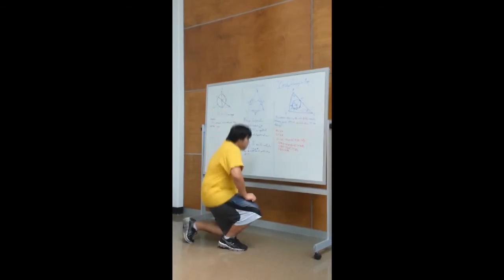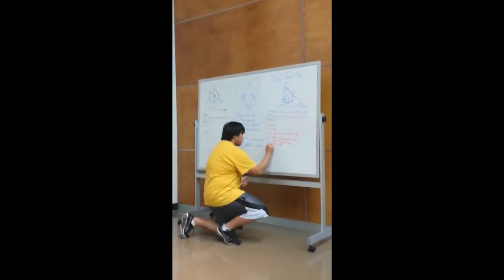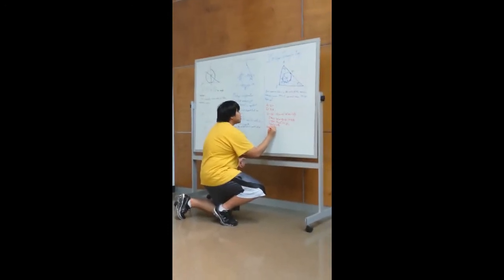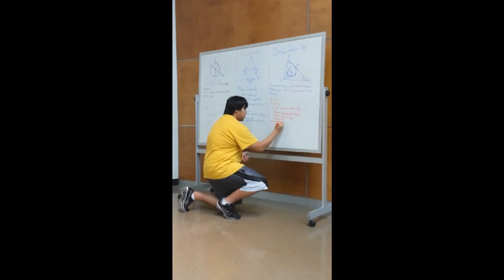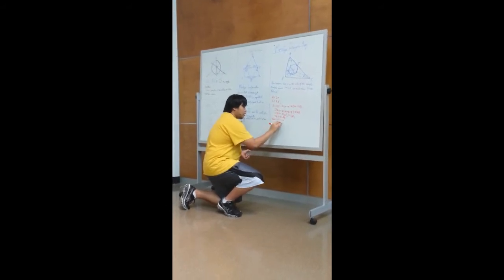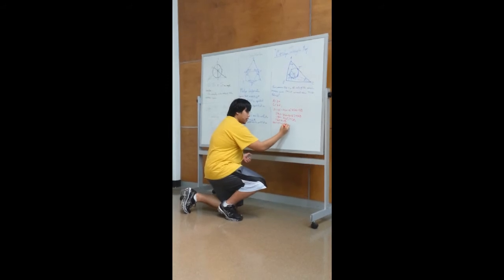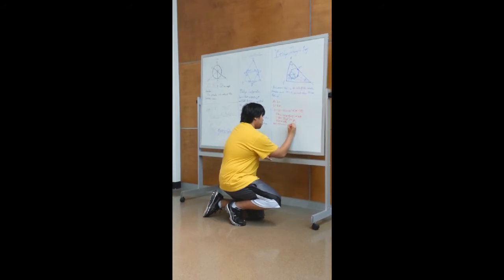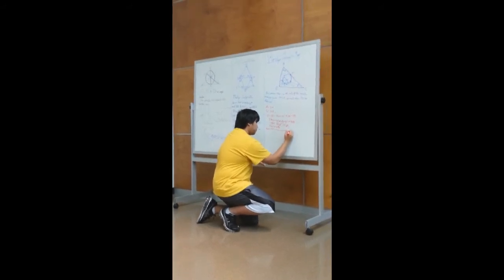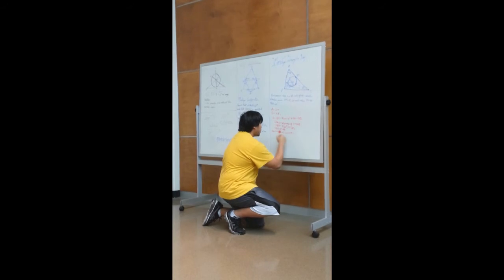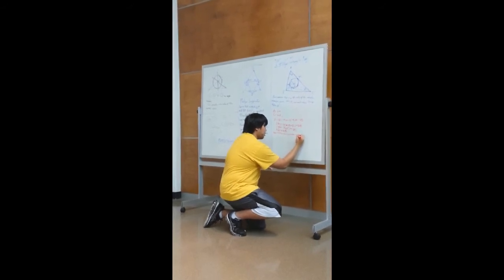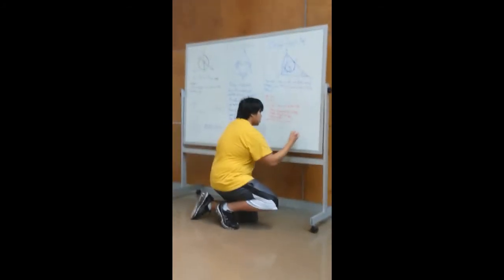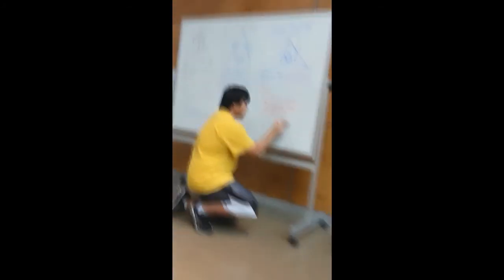So 360 is equal to P plus T plus C plus A. Well, we already know 3 of these angles, so let's substitute them in: 60 plus 2 beta, plus 2 alpha, plus 2 gamma, plus T. And we already found what these angles were.